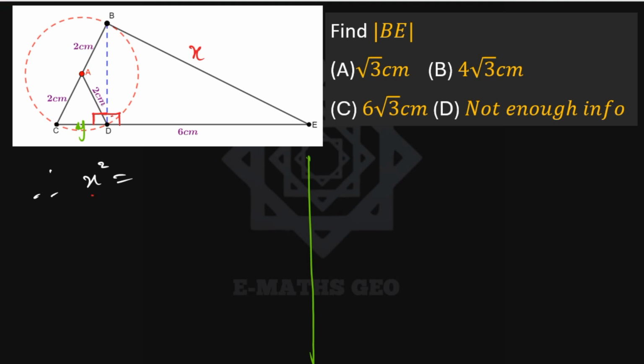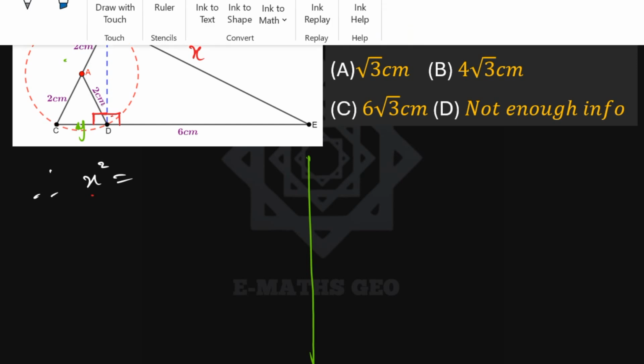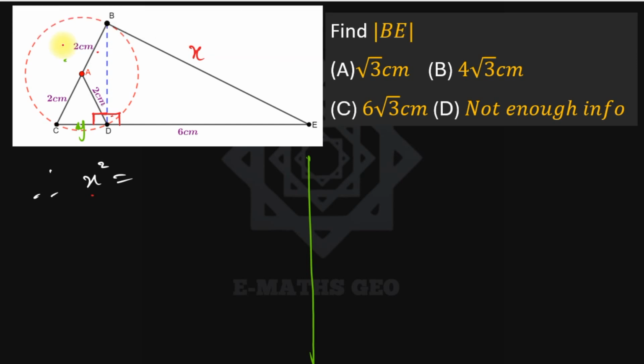Looking at this, it is the radius of a circle. We know that the radius is always perpendicular to the tangent line, so this should be 90. Since we have 90 here and 90 here, we can use our geometric mean of triangle.